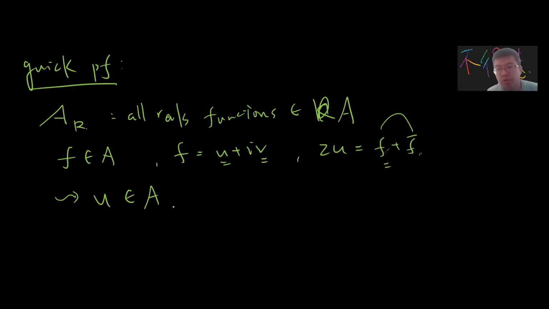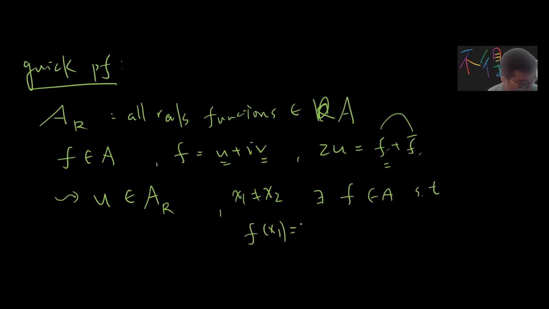Okay. So now you can see the proof, right? Because u belongs to A, so u belongs to AR. And just using the same result, if x1 is not the same as x2, there exists f belonging to A such that f(x1) is 1 and f(x2) is 0.